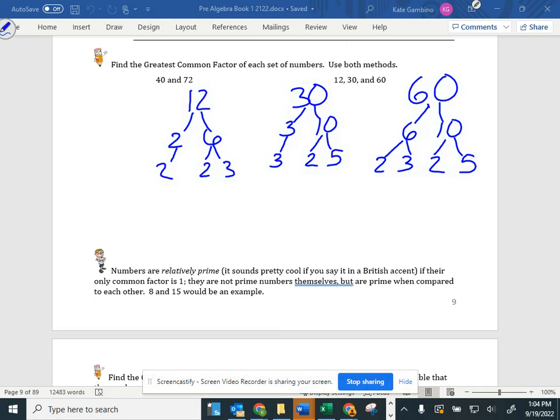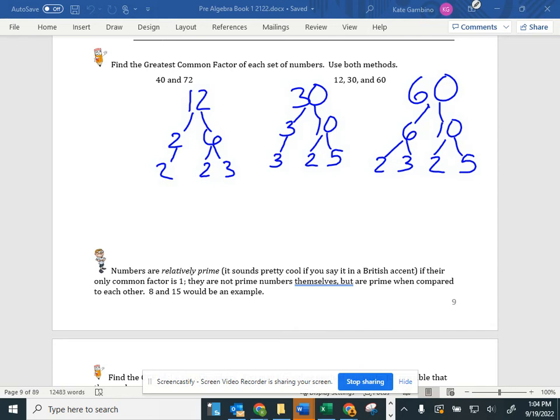Yeah, so if you did 30 and 2, and then you broke the 30 down into 15 and 2, and then you broke 15 into 3 and 5, you should end up with the same primes. So I'm going to change that. Sorry, I know you were busy erasing. But if you did different factor buddies, make sure that the primes you end up with in the end look the same as my primes. Because remember, it doesn't matter which factor buddies we start with, we end with the same primes at the end.